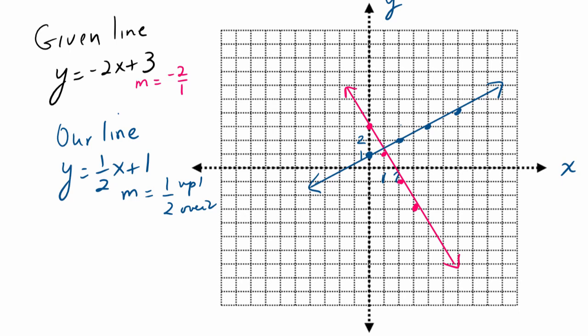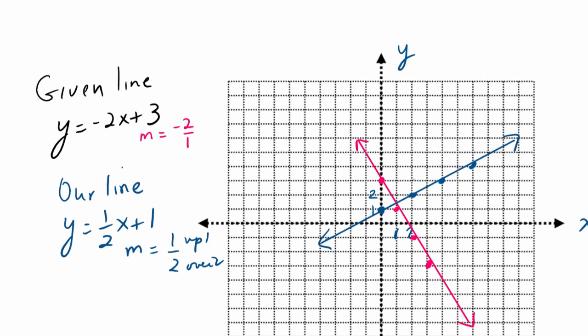One line will rise, the other one will fall, right? And then you can see here that by having those two slopes be reciprocals of each other, that helps us to get the two lines to be perpendicular. So opposite reciprocals.